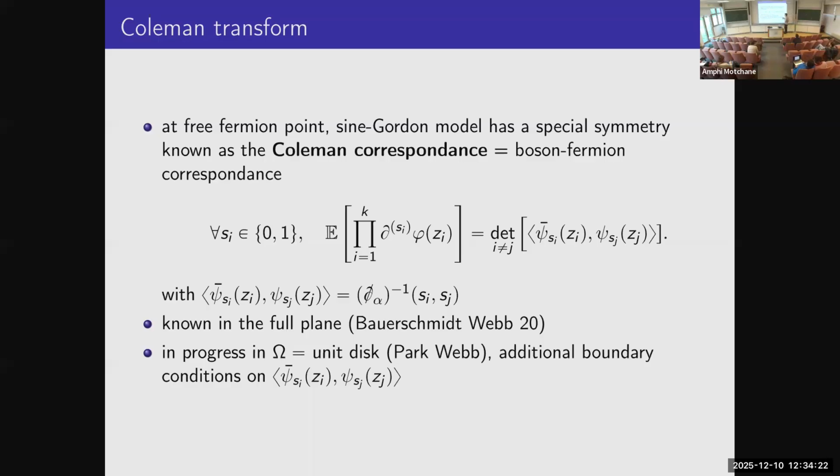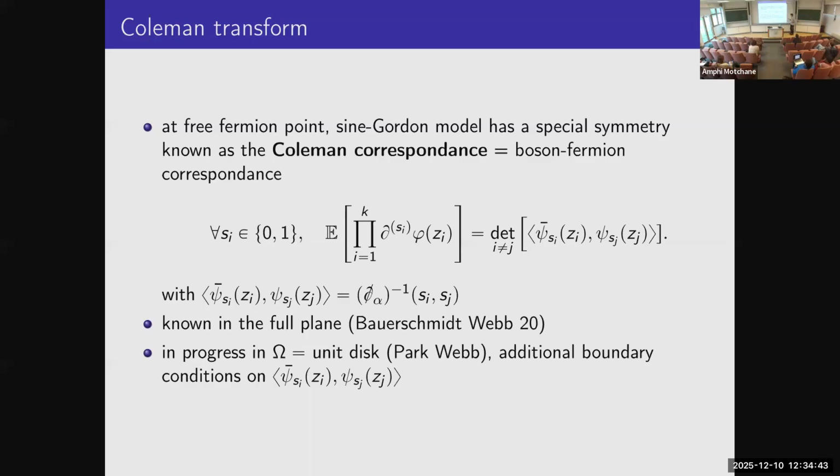Because in our result, we have the moments of the height function in terms of the inverse massive Dirac operator. And this is something which has been known for the sine-Gordon model for a long time. In the full plane, this is also proved by Bauerschmidt and Webb.